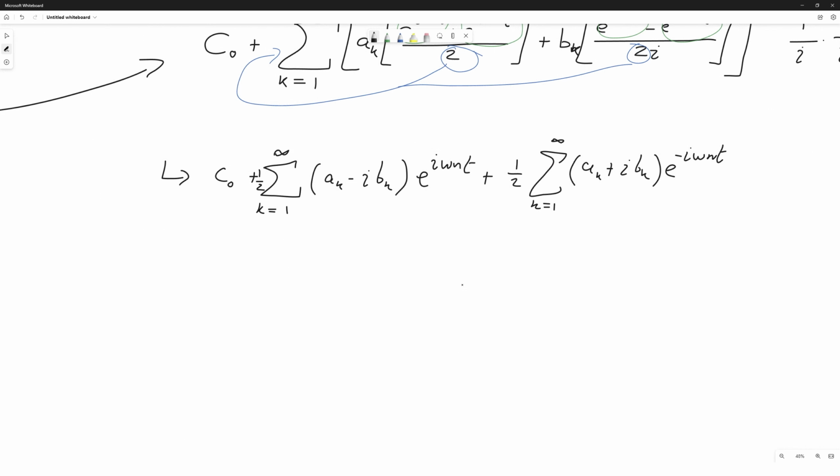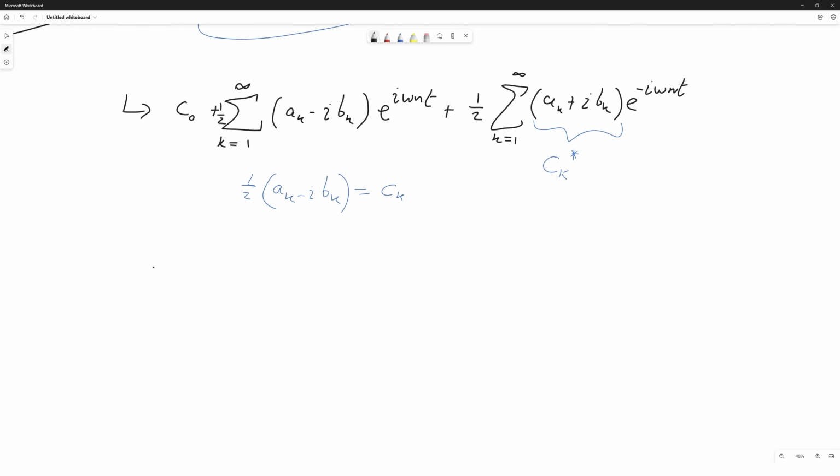Now, first of all, let us define a sub k minus i b sub k, with the half, equal to c sub k. And by doing this, we also have that this is the complex conjugate, which just means that we are flipping the sign of the imaginary part.